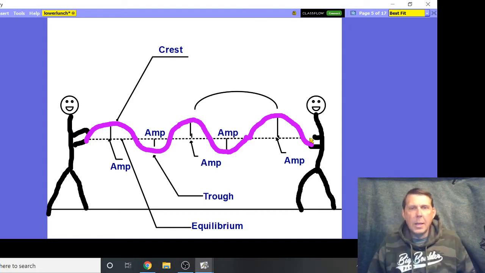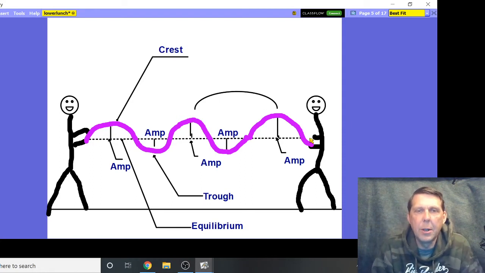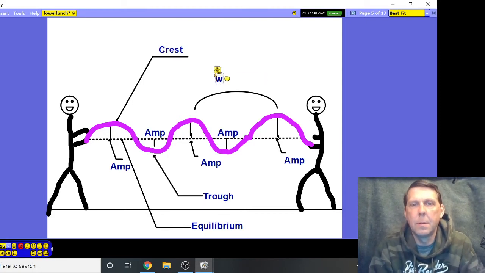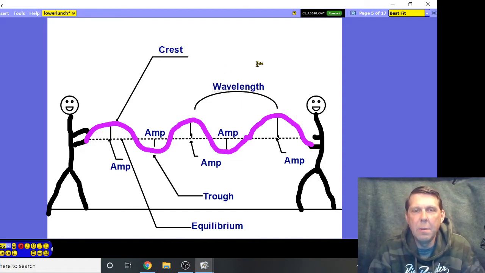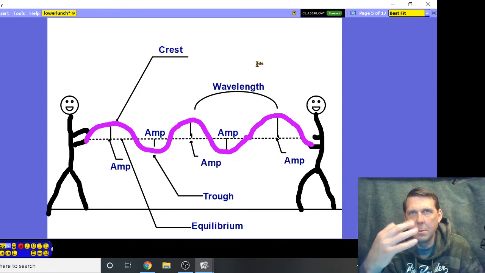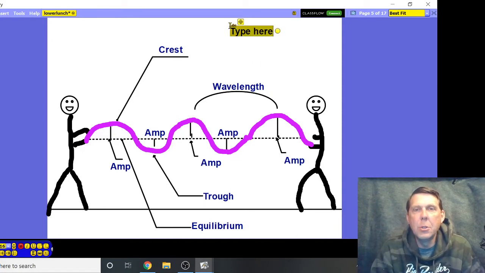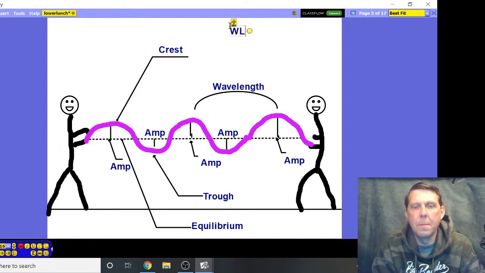Okay. Now, the last thing that you can measure here is the wavelength, and that's here. You can measure the wavelength in three different general spots. I'm going to put WL for wavelength. You can measure the wavelength from either crest to crest.